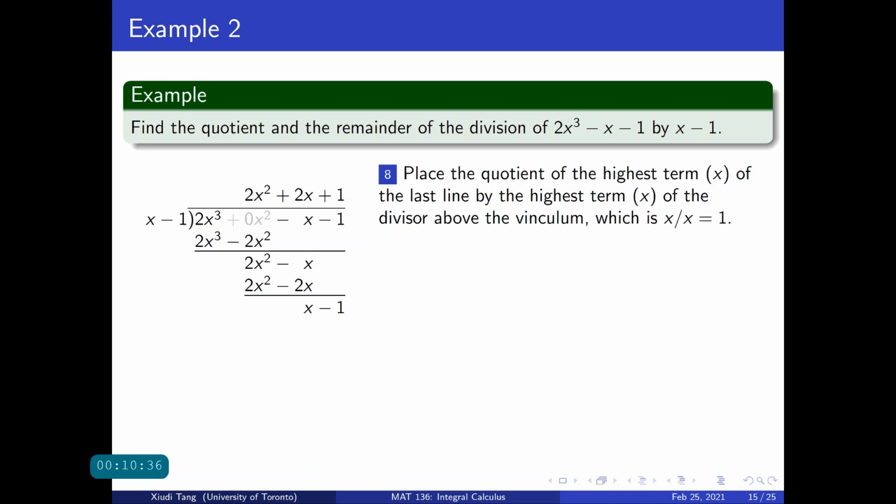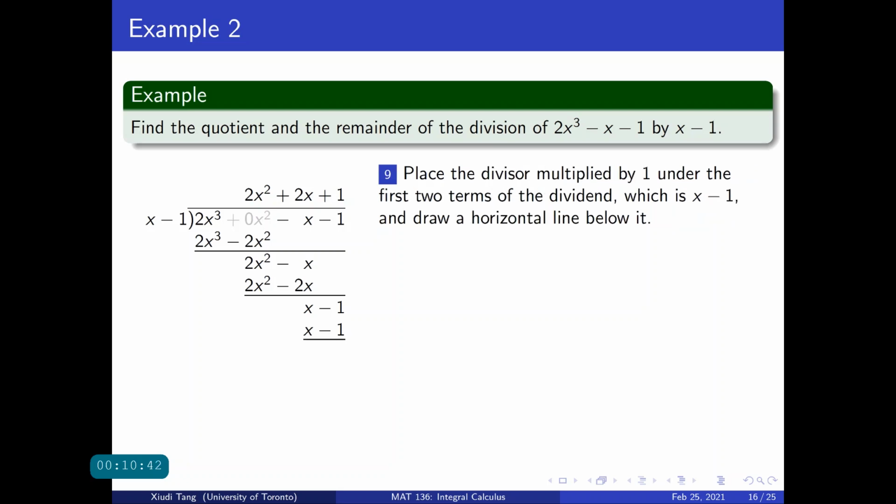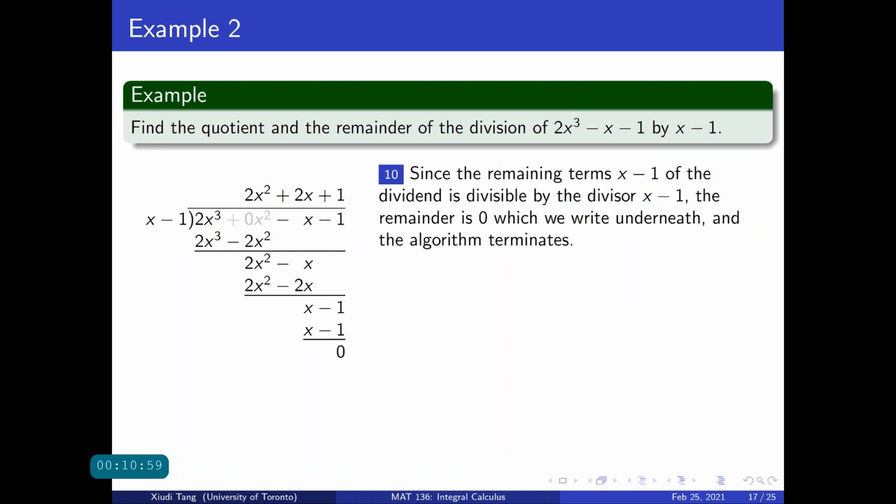So there's only one multiple of x minus 1, and you can see that there's exactly x minus 1. So x minus 1 is itself divisible by the divisor, and so the remainder is 0, and we stop because the remainder is 0. The divisor has degree 1, but we already have a constant left, so we can stop here.